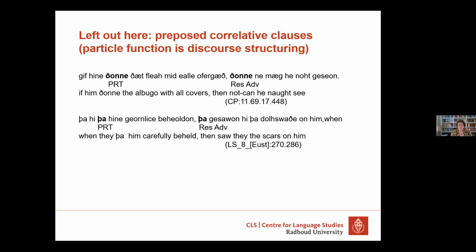These are temporal correlative clauses and conditional correlative clauses. I'm leaving these out because the particles are in the same type of position in the preposed subclause, but these clearly have a different function and also a different reading. So we leave those out here.